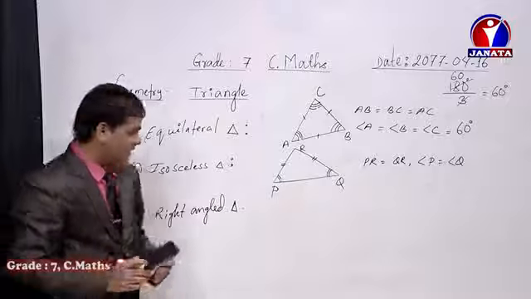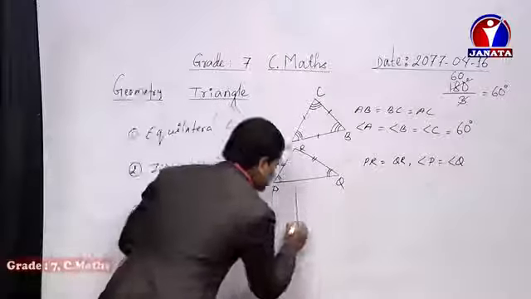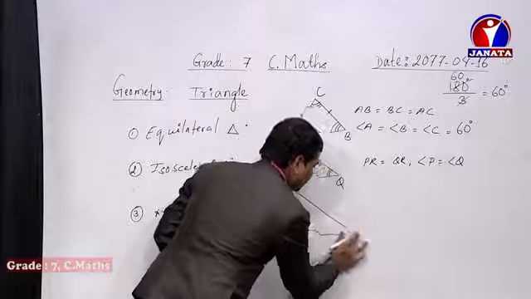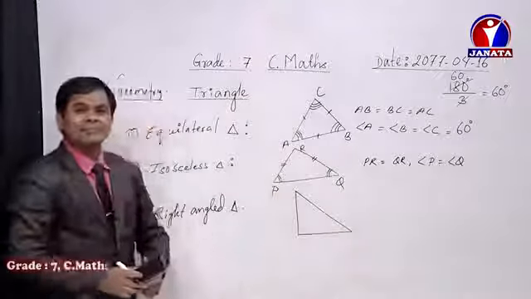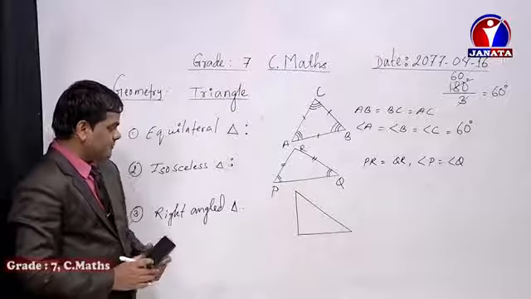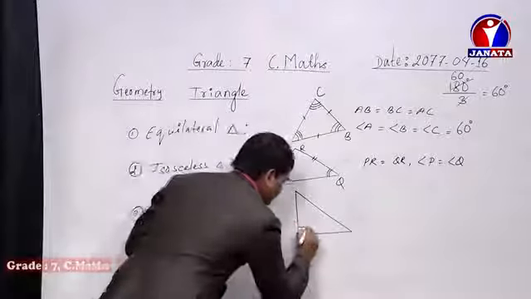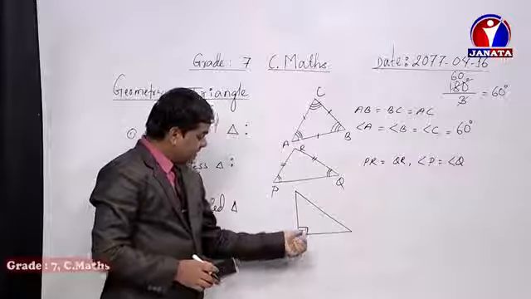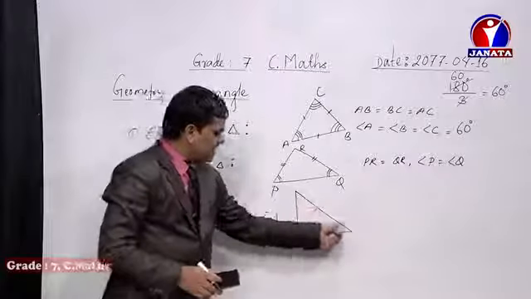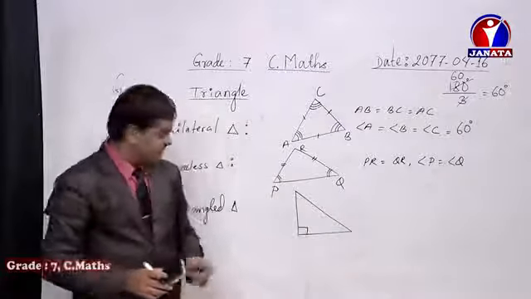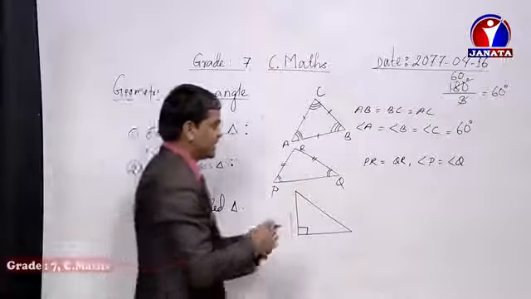If we want to make a right angle triangle, dear student, one line will be perpendicular, totally being an altitude to another side, in this way. That means in this case the two angles are unknown, but the third angle is known as 90 degrees.